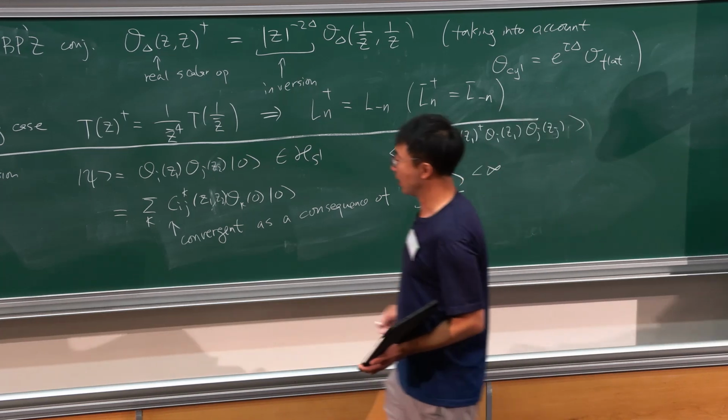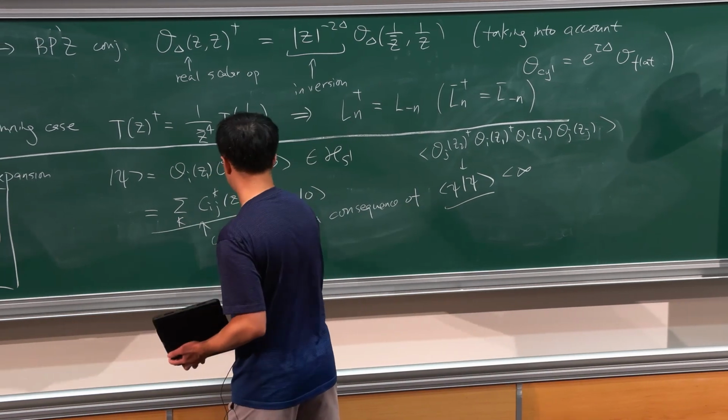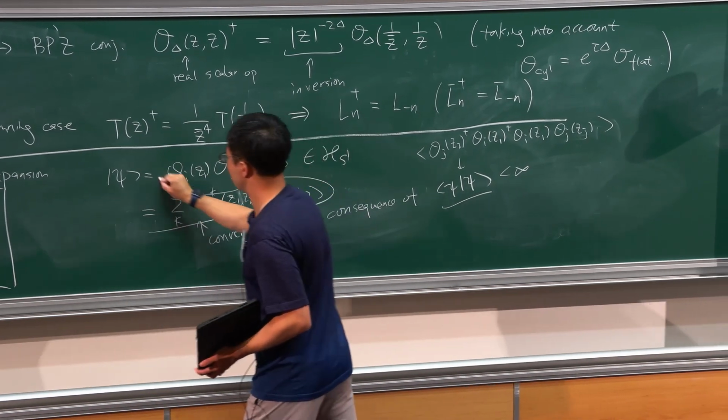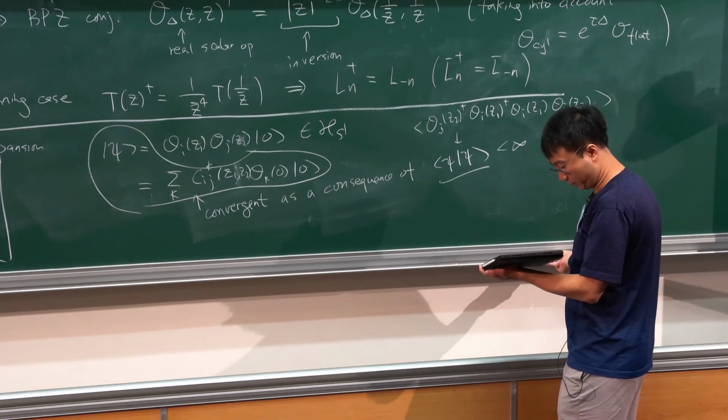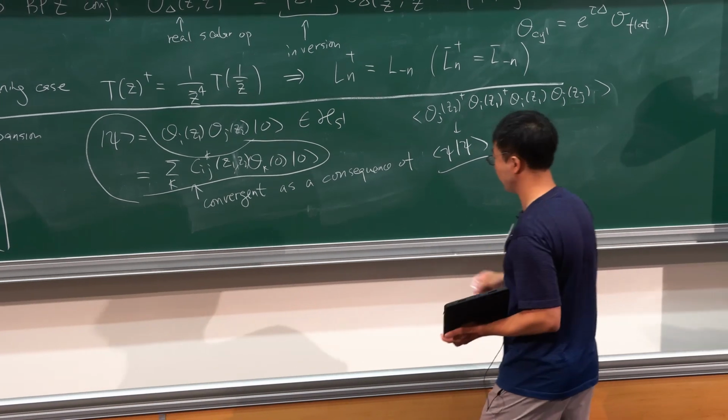And now that you have this convergent expression, you can use it to rewrite various observables in the conformal field theory. It leads to the following operator identity.